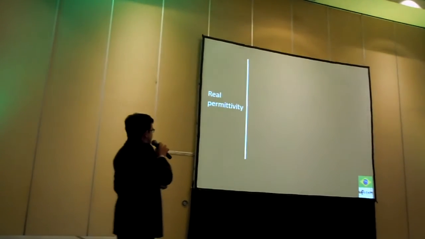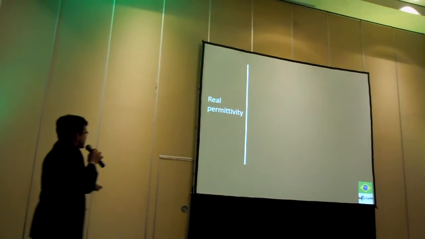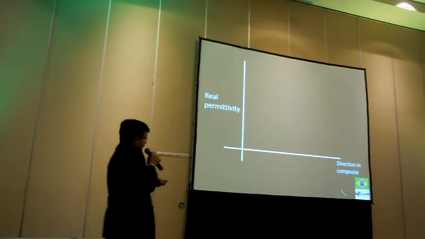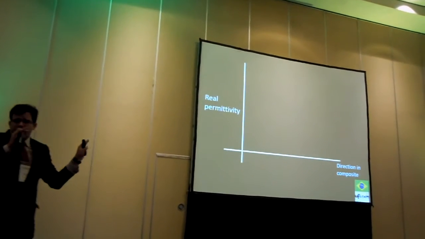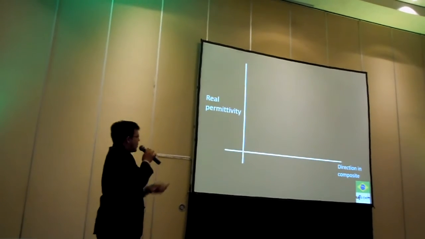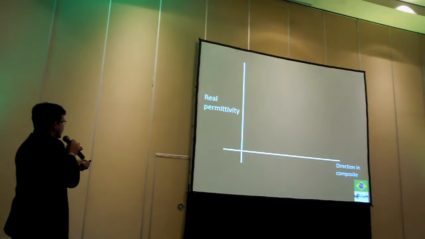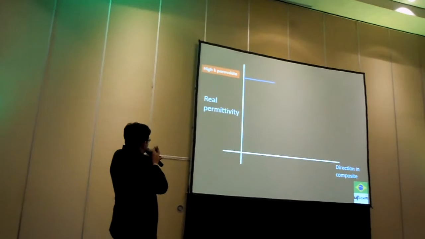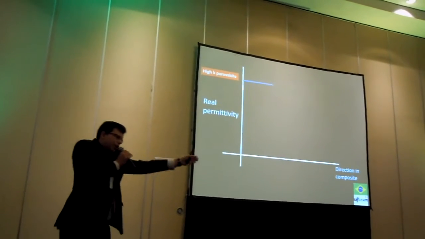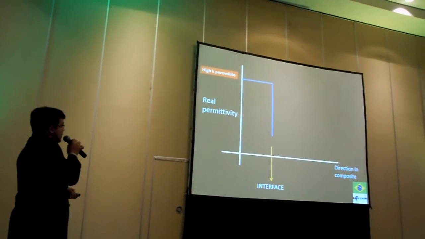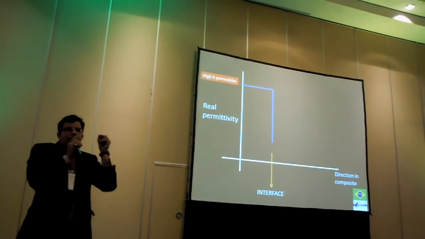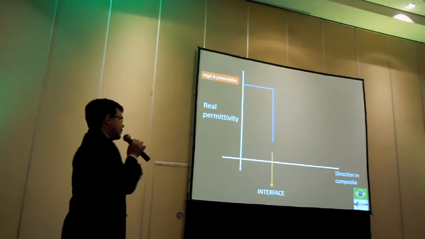We're going to illustrate this with a theoretical graphic, with real permittivity on the y-axis and direction in the composite on the x-axis. Imagine we start in the nanoparticle. We have the value of real permittivity of the high K perovskite. And we're going to walk through a direction in the composite, and we find the interface, and there we find a hard polarizability polymer.